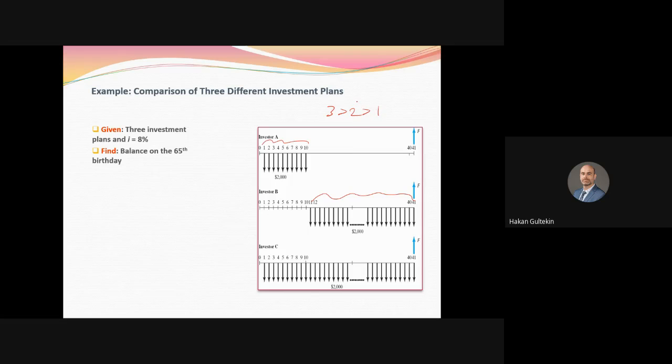But let's see the results. Let's solve it. First of all, how can we find the future value for this alternative? I want to find its future value at year 41. So this is an equivalent payment, a uniform payment, but it continues only for 10 years. So if I say this is 2,000, the equivalent payment amount, then I'm going to find the future value given this annuity.